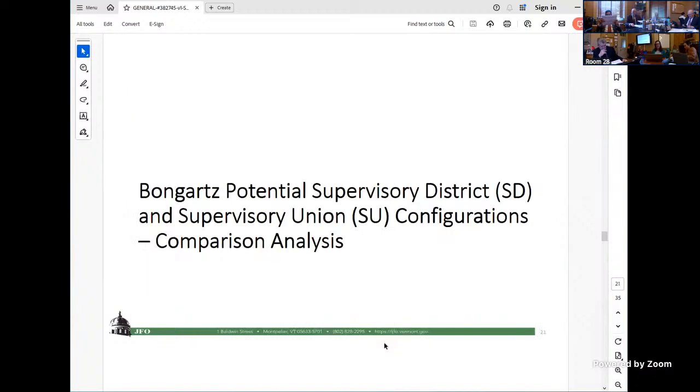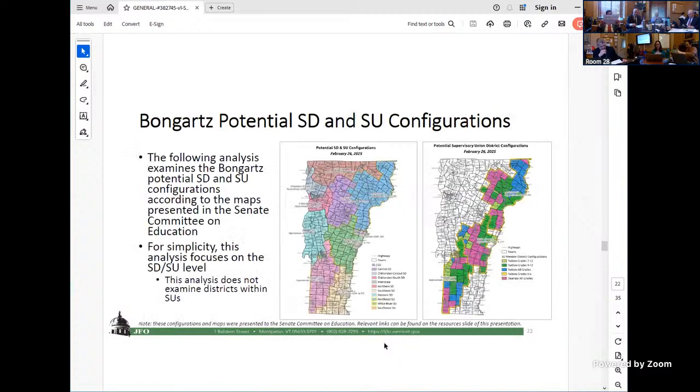Now, moving on to the configurations from Senator Baumgart's of the potential SUs and SDs. I then perform the same analysis within these potential SDs and SUs.